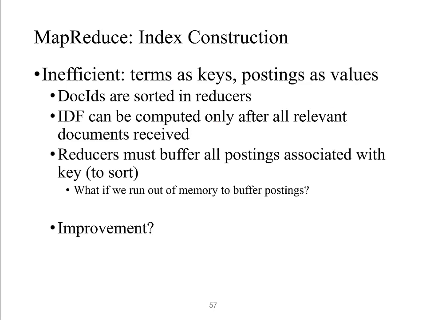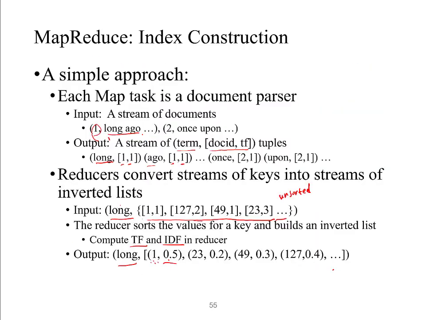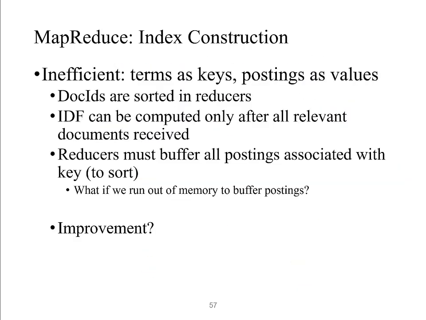Now, in order to improve this simple approach, we need to first identify where the inefficiency is. Right. So here we use terms as keys and postings as values. Then the document IDs are sorted in reducers, as you can see here. The input of reducers is unsorted, right? And the IDF can be computed only after all relevant documents are received.